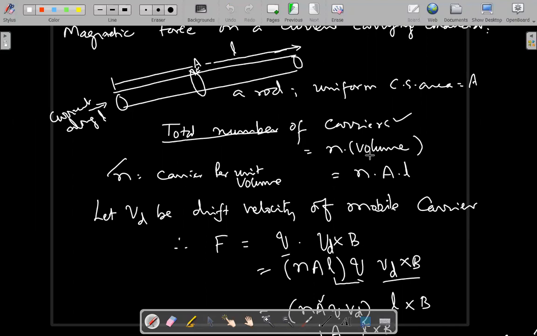Motion in a magnetic field. Now we are considering whatever velocity the charges are moving. This derivation also is important. This is the motion of a charge moving in a magnetic field. What we did just now is the motion of charges in the form of a conductor, that means a current carrying conductor put in a magnetic field.